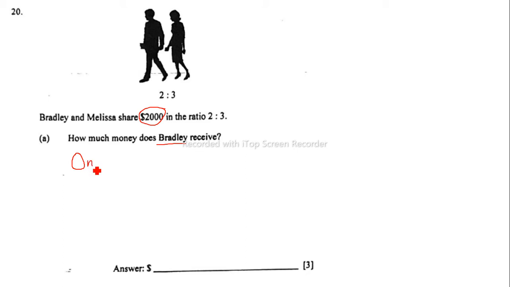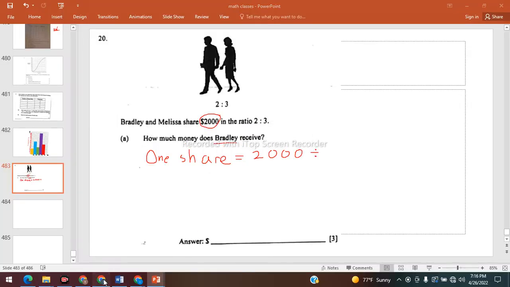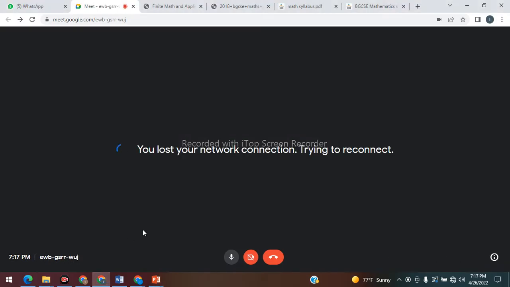Once we get one share, we know that Bradley received how many shares? How many shares did Bradley receive? Okay, lost connection with them.